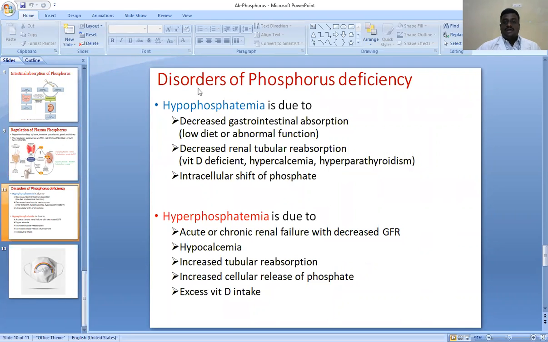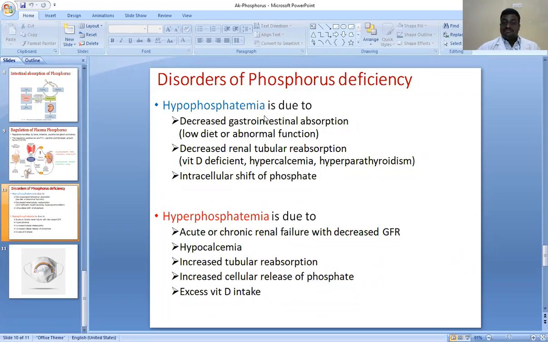Next one is disorders of phosphate deficiency. So already we know that whenever the plasma concentration is reduced, that is called hypophosphatemia. Whenever phosphate concentration is increased, that is called hyperphosphatemia.